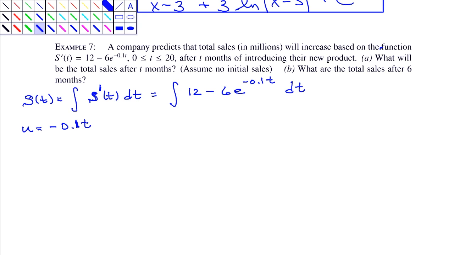Negative 0.1 t. Then du is negative 0.1 dt.